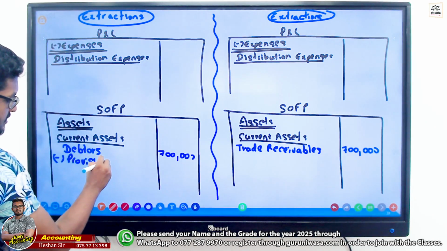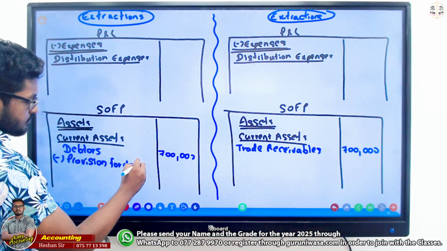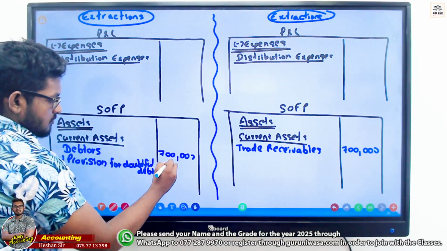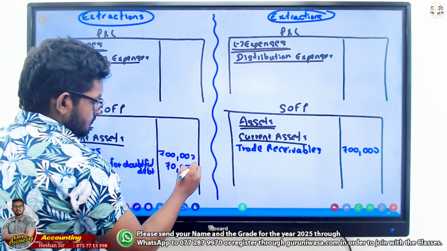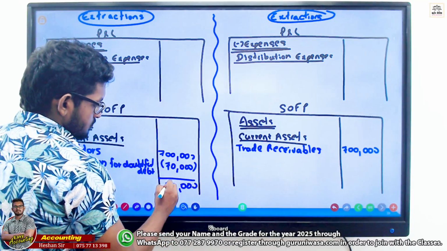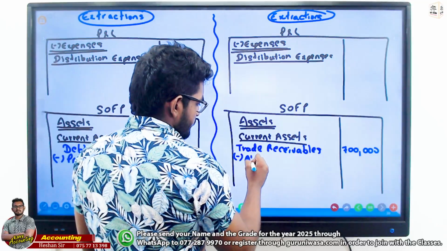Since it is an asset-decreasing account, provision for doubtful debt 70,000, 630 in here.